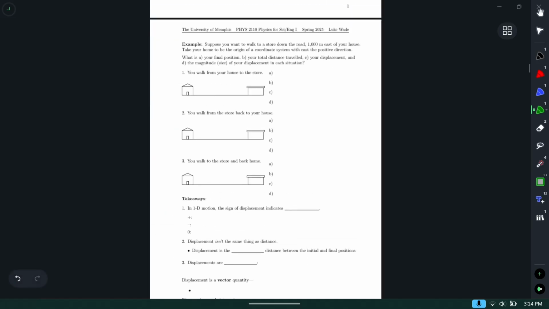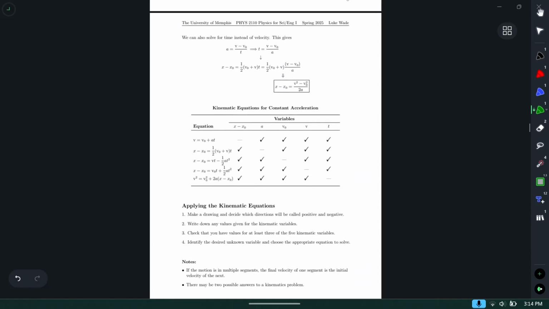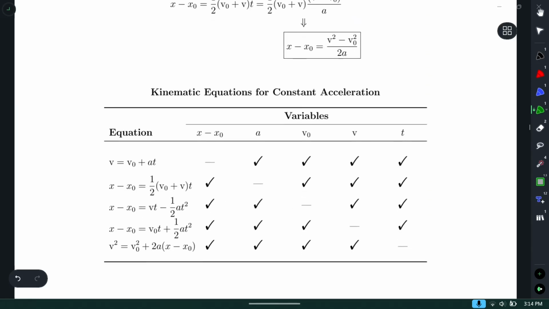So if I come back to the list, if I'm trying to find a certain kinematic variable, like they're asking me how long something takes, the time, I'm not looking for the one where it doesn't show up. That's not what that means. I'm looking for one where it is part of the equation.